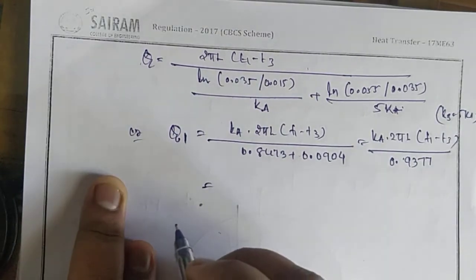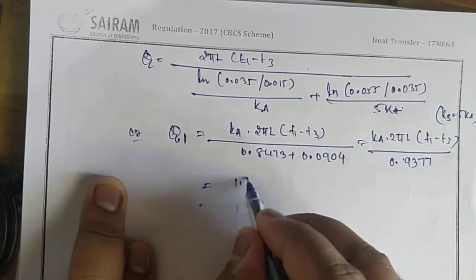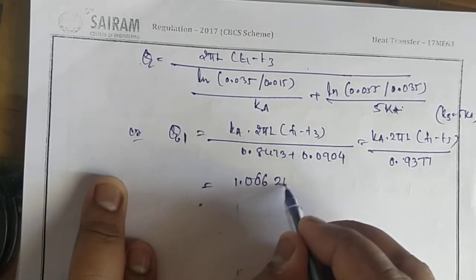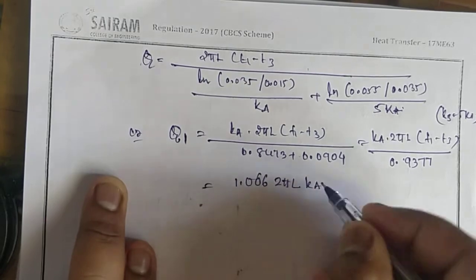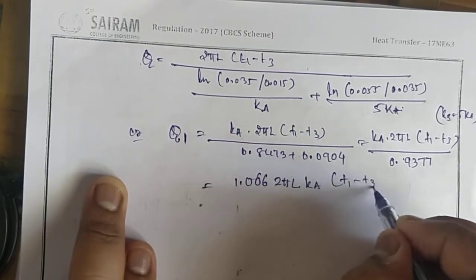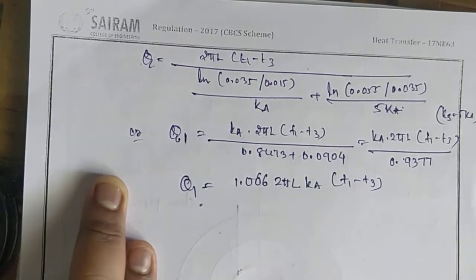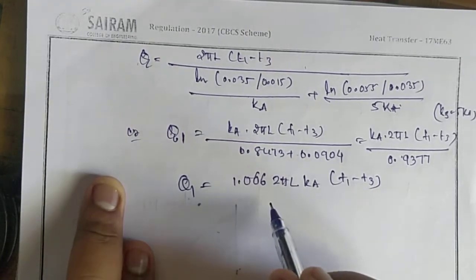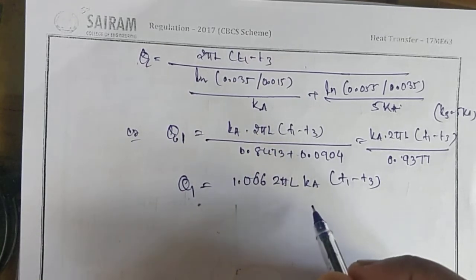So we can calculate this as 1.062 pi L Ka (T1 minus T3). This is Q1. The other parameters we don't know, so we keep them as they are.